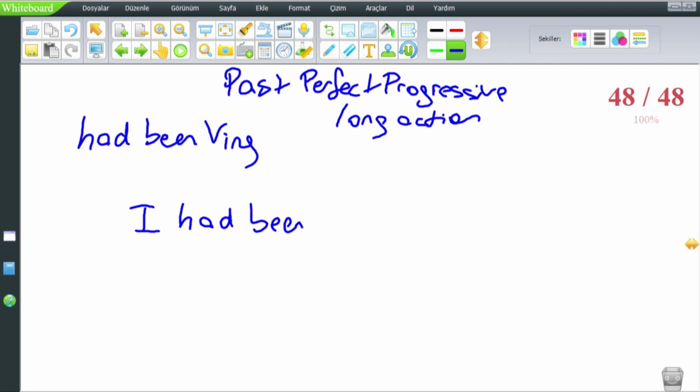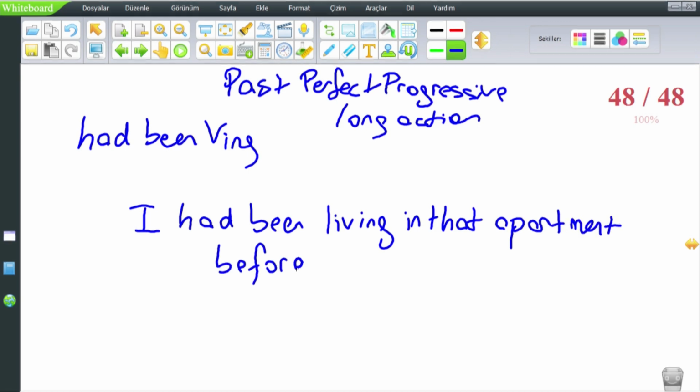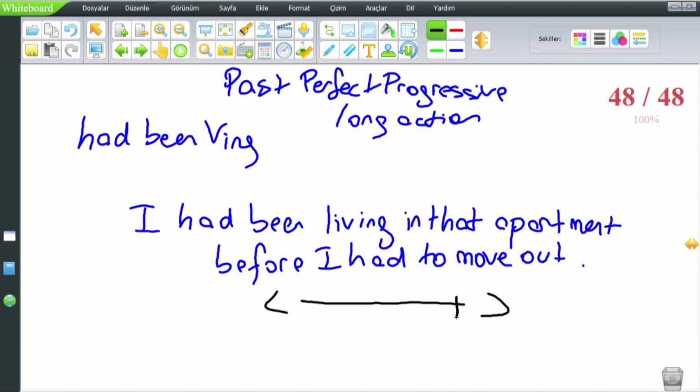I had been living in that apartment before I had to move out. So the difference is I had been living in that apartment and here somewhere I had to move out.